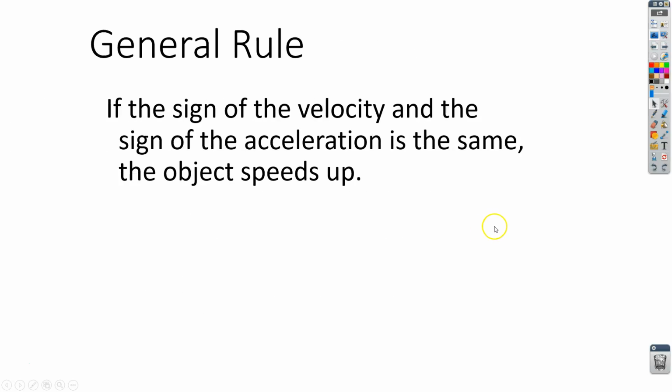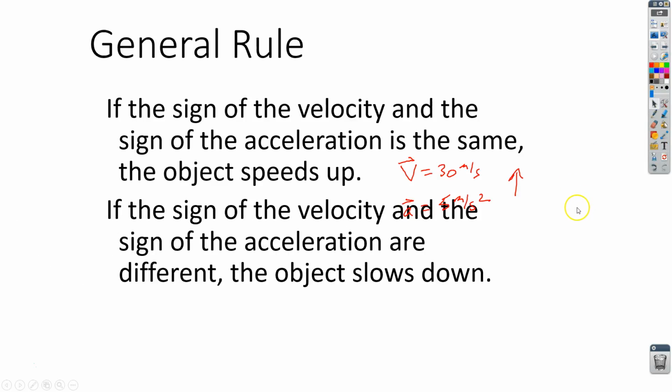The general rule here is if the sign of velocity and the sign of acceleration are the same, you will speed up. For example, if I have a velocity equal to 30 meters per second and an acceleration equal to 5 meters per second squared, then I will speed up. If the sign of the velocity and the sign of acceleration are different, then the object slows down. There are two examples I can do here. Let's do the one we were doing before.